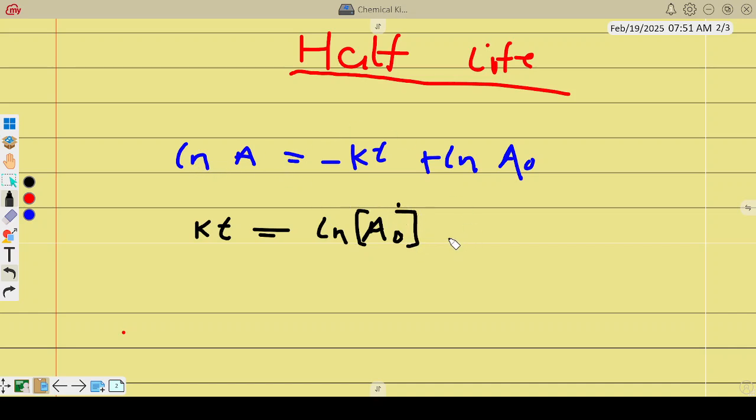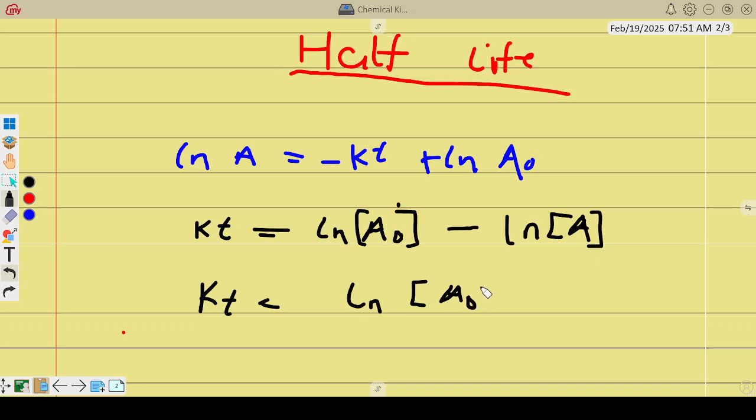So this ln A will go to the other side, it will be minus ln A at a particular time. And then we can say k is equal to, when we're subtracting logarithms, we know that it's the same as dividing. So A naught over A.